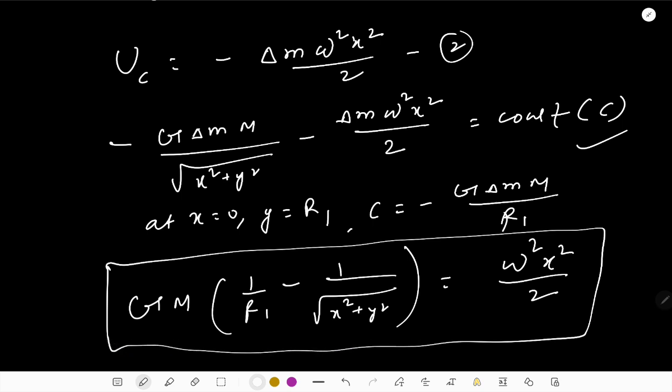This is the equation of the equipotential surface, I guess. This equation suggests there is a plane, the equipotential surface is related to the plane, and this plane contains the axis of rotation as well. And this is the equation of the equipotential surface we were looking for.